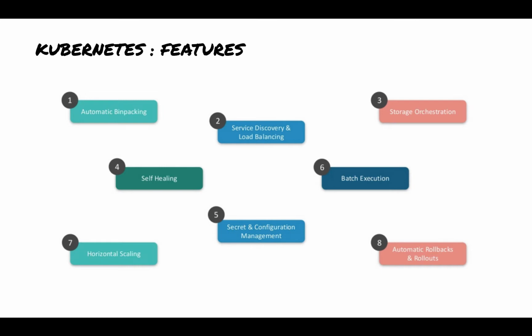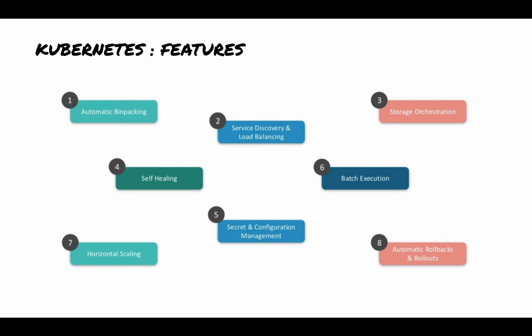First, automatic bin packing. What does that mean? Kubernetes allows you to pack your binaries and store them as Docker containers and pull the containers from the registry and use them in your deployments. So this entire process can be scripted. You can write YAML files where you can define which binaries to pack and use for your application, how many replica sets you can create.